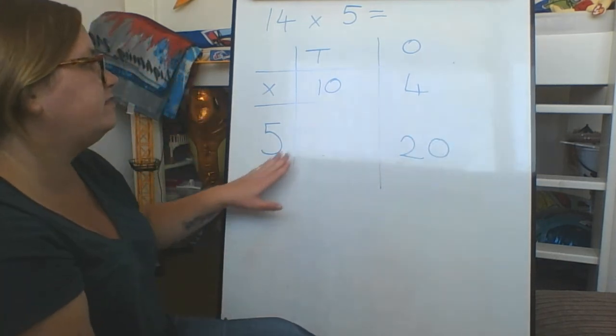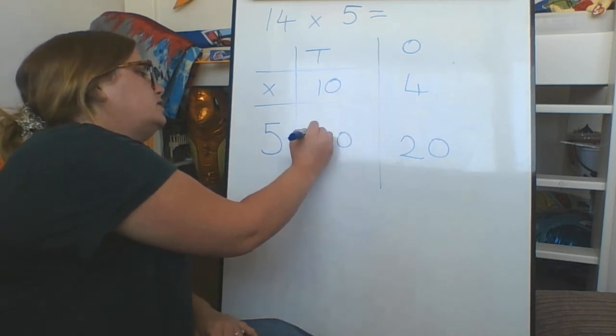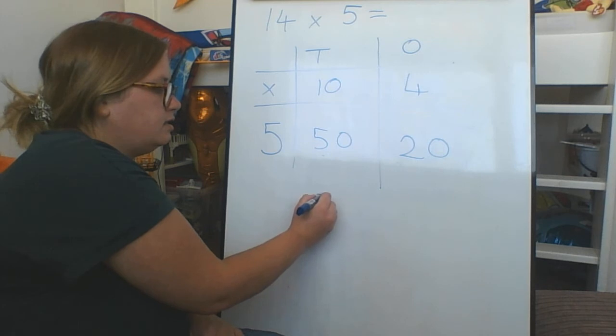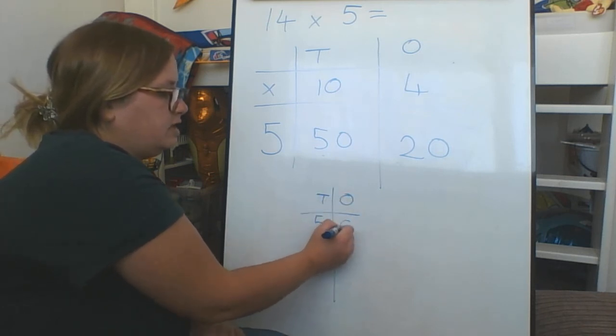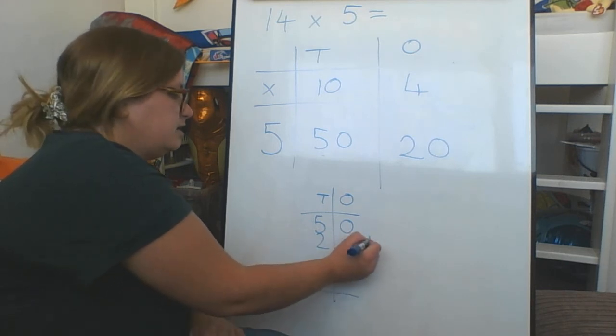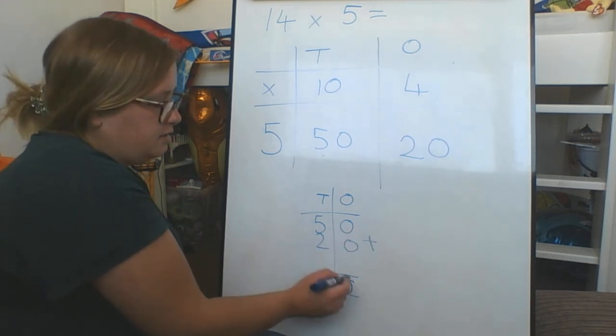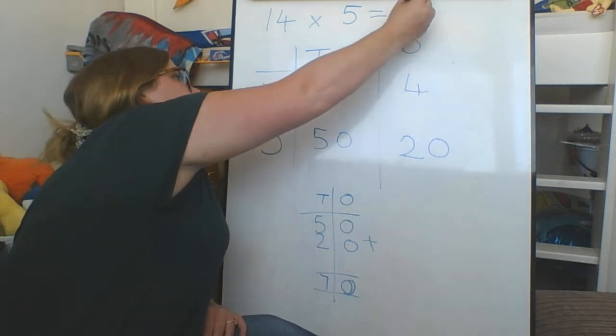And then we've got 5 times 10, which is 50. And we've got 50, add 20. Some of you would have done this in your brains already, which is 70. Okay?